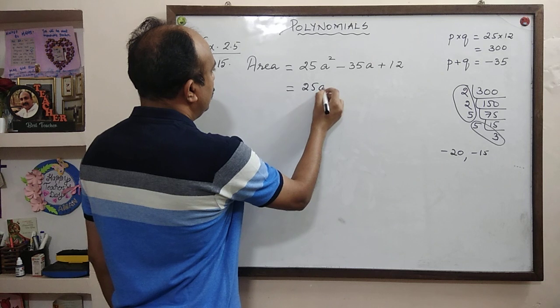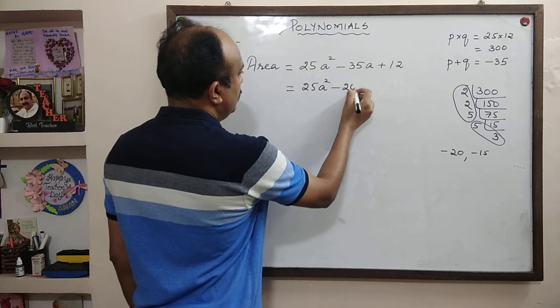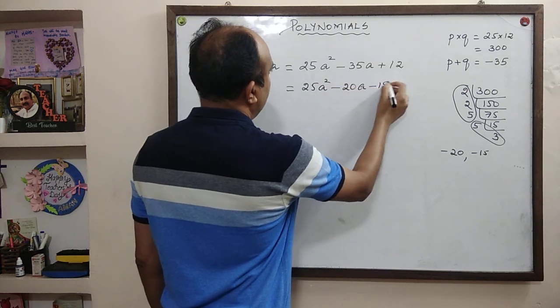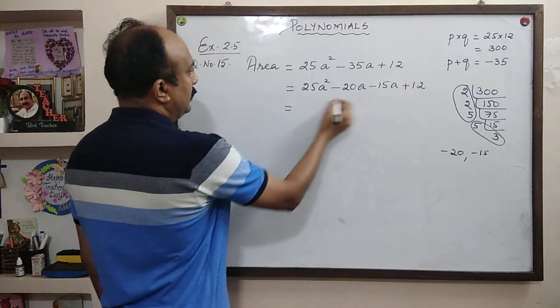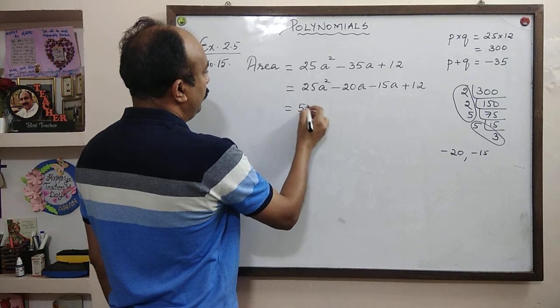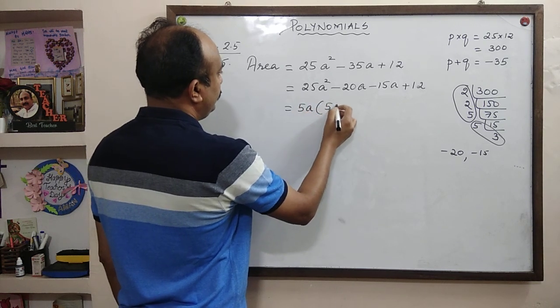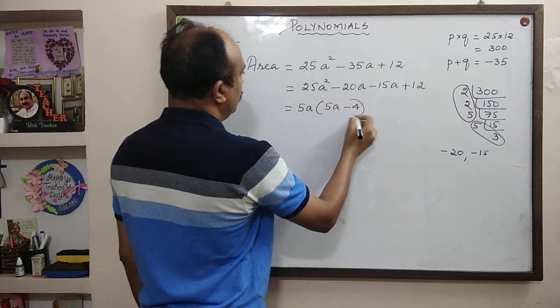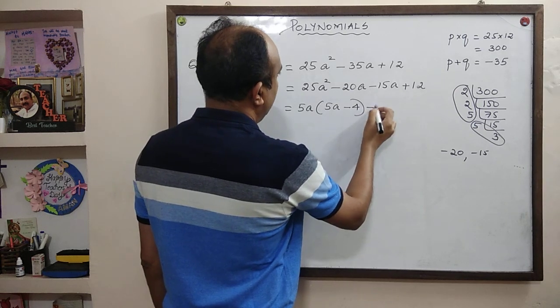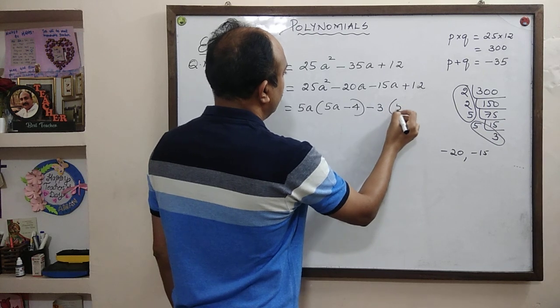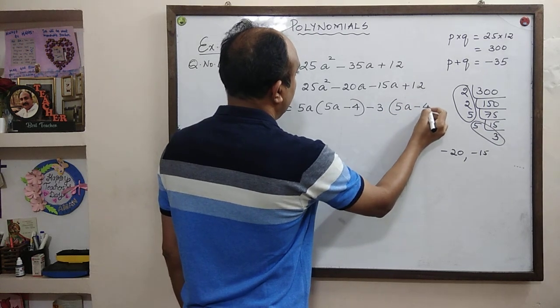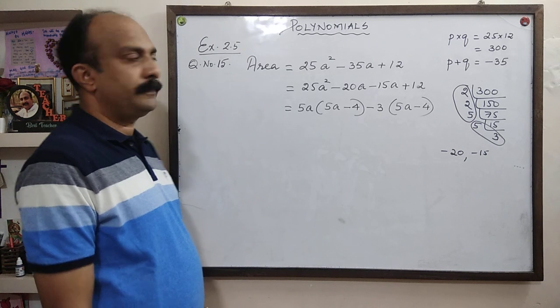So it can be written as minus 20a minus 15a plus 12. Common 5a: 5a minus 4. Here common minus 3: 5a minus 4.